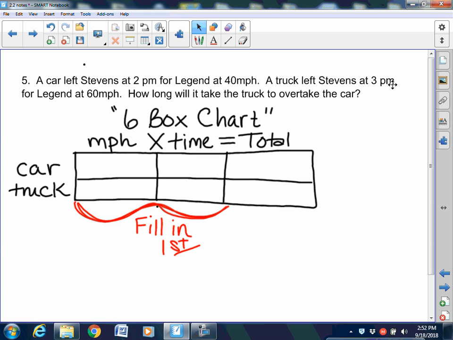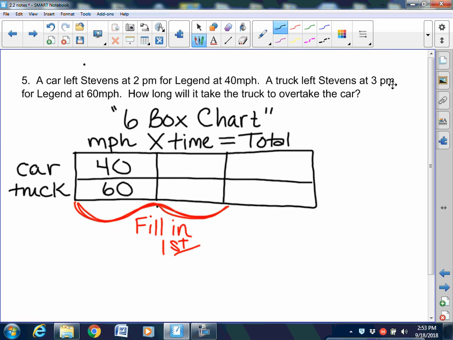Don't we know more about miles per hour than the time it took for the truck to overtake that, right? Overtake it. So how fast is the car going? Under car and under miles per hour, can't you fill in what that is in that box? 40? Under miles per hour and under truck, can't you fill in this box? That's why I like boxes, because it fills in everything.